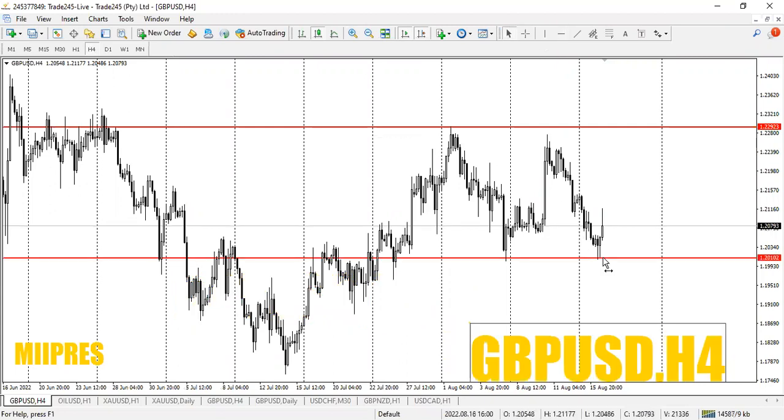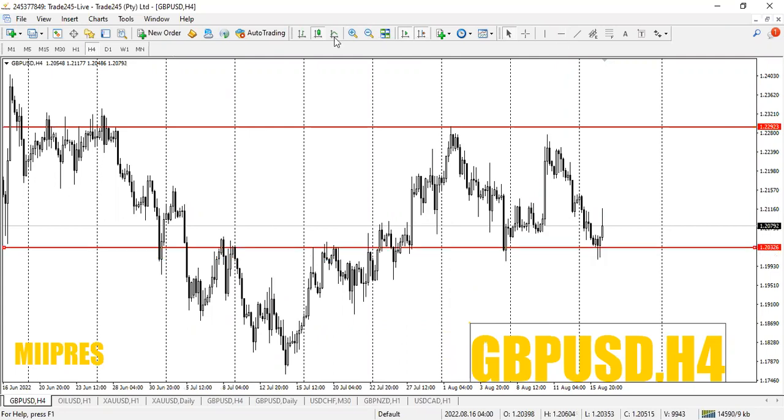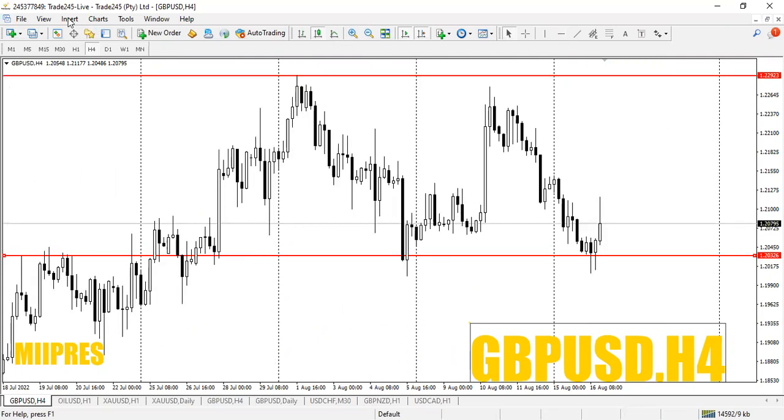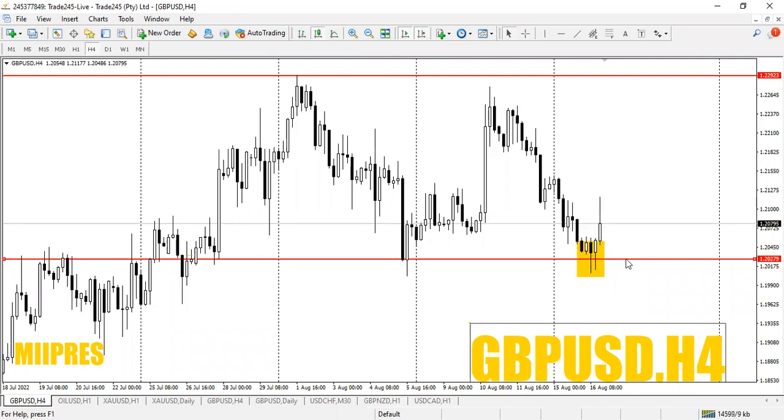The pound went to that level over there, and in the past 4 hours it has created this double bottom over here, at almost the same level where you saw the last bullish candle, which is over there.